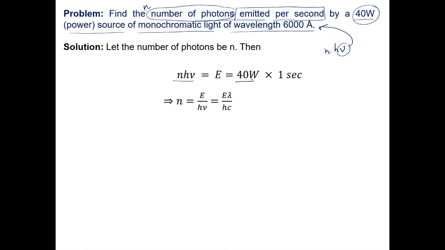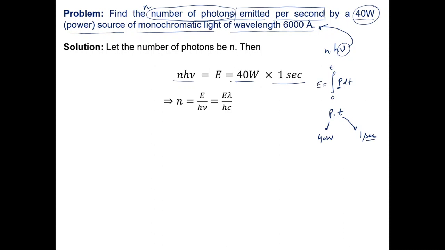So you have power times that amount of time. In other words, this is the integral of p dt from 0 to t, and if the power is independent of time, then this is nothing but p times t, and here p is 40 watts and t is 1 second.